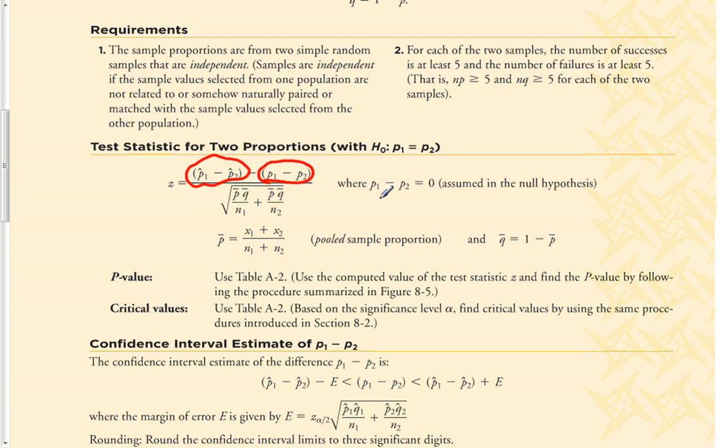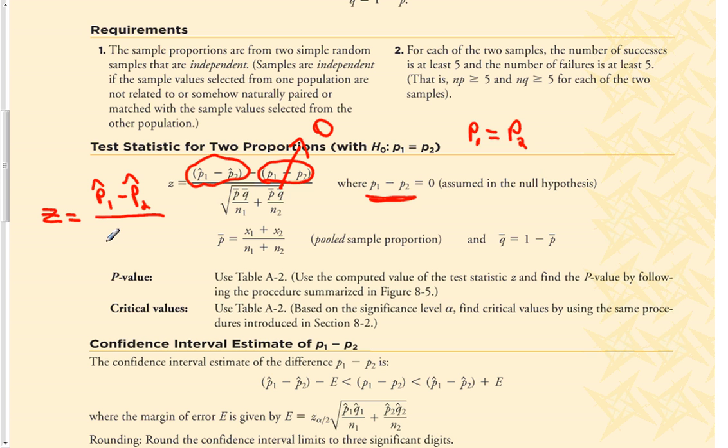But remember, we're testing the claim that P1 is equal to P2. So if P1 is equal to P2, then their difference is 0. P1 minus P2, you subtract P2 from both sides of that equation, you get this equation. P1 minus P2 would be 0. So this term, or these two terms, that subtraction goes to 0. So really, what we're doing is calculating this for this particular null hypothesis. The numerator is then just P hat 1 minus P hat 2.